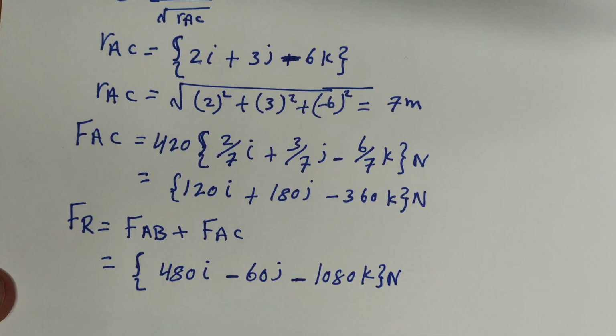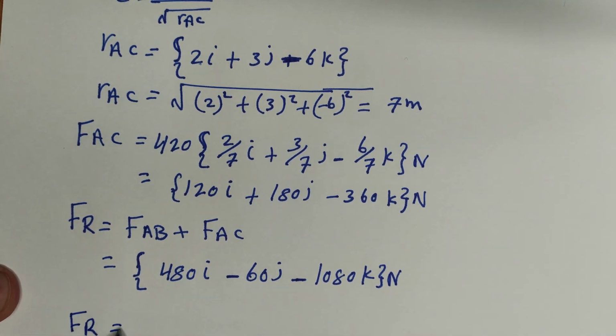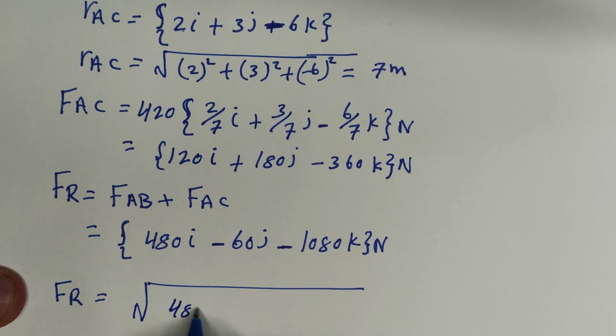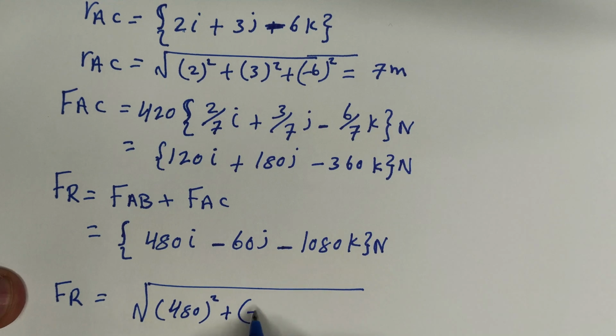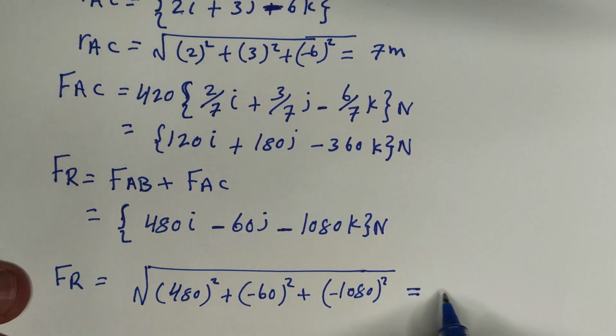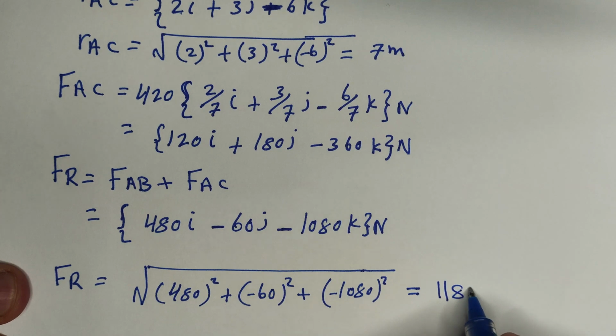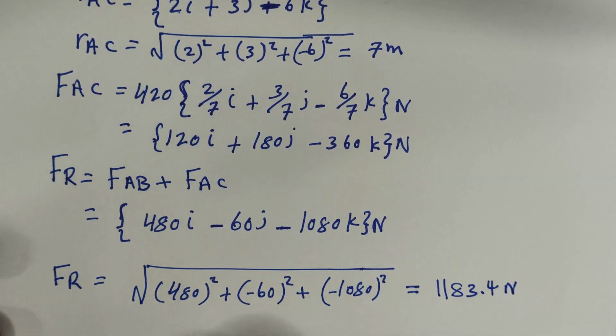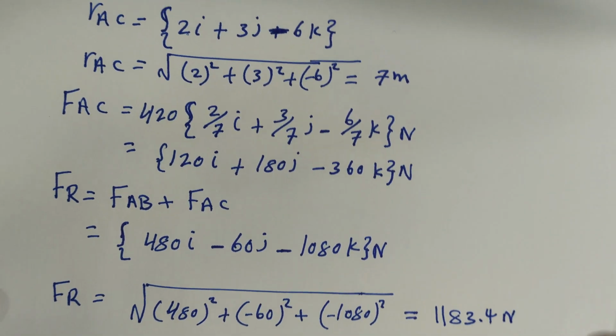We found the force FR. The magnitude of FR must equal the square root of 480 squared plus negative 60 squared plus negative 1080 squared. All of that should equal 1183.4 Newton. This is the magnitude of the resultant force.